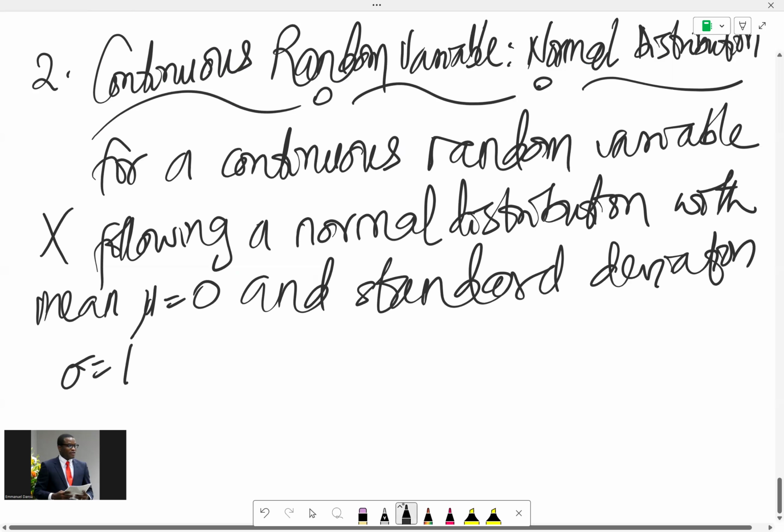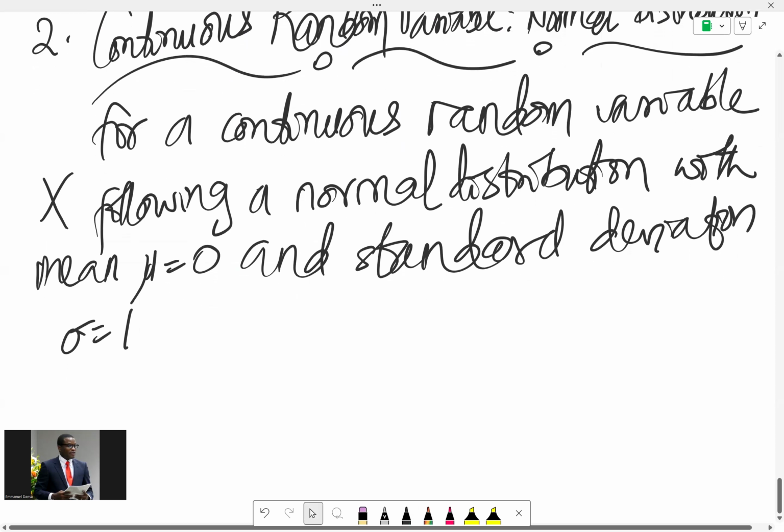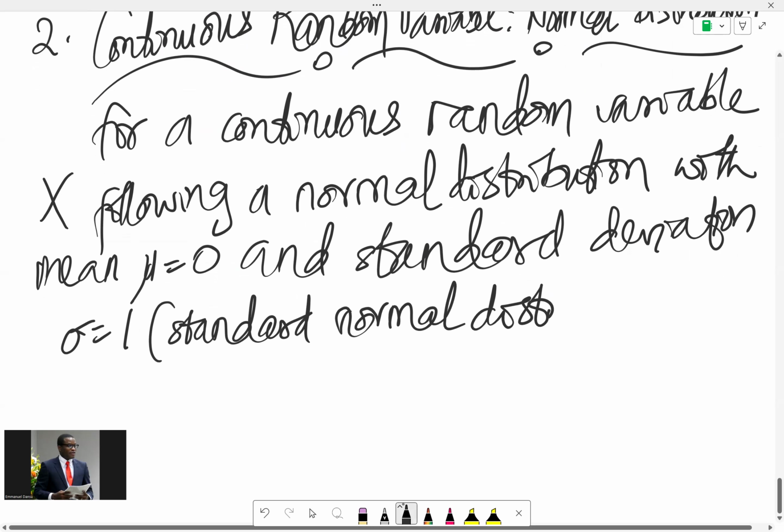For a normal distribution, the mu is always 0 and the standard deviation is always 1. Of course, that is for the standard normal distribution.